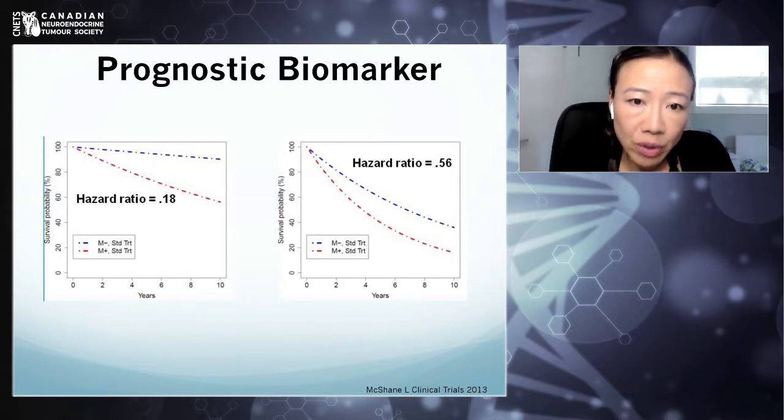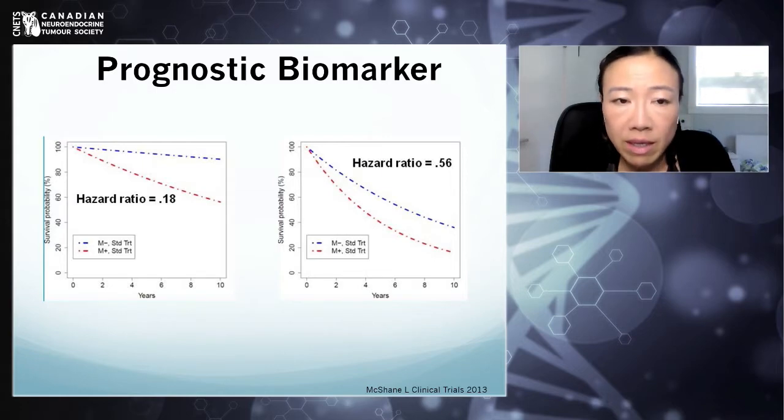Here I'm showing you a Kaplan-Meier curve. The blue dotted line represents the patients without the biomarker. The red dotted line represents the patients with the biomarker. As you can see, the patients with this biomarker do poorer than the patients in the blue line, suggesting this biomarker indicates a poor prognosis.